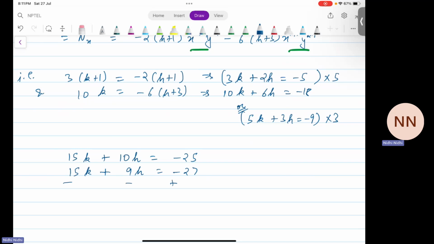Subtracting, the 15k terms cancel out, and we are left with h equal to 2.